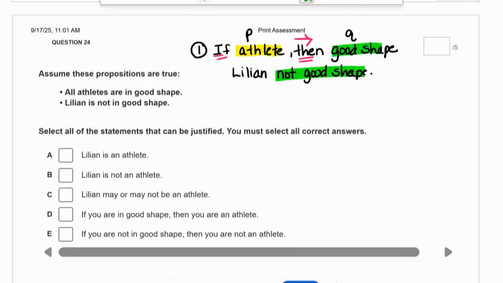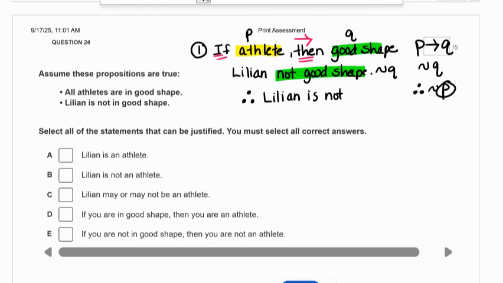That would be negated Q. Our law of contrapositive does say if P then Q, negated Q, therefore negated P. So the first valid conclusion for this set of statements would be Lillian is not P. She's not an athlete. All right, so let's find that. That would be B.